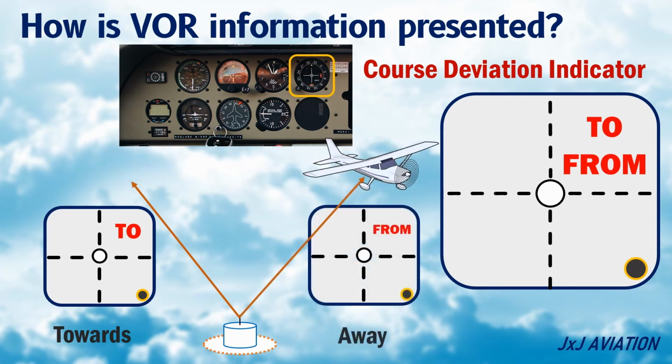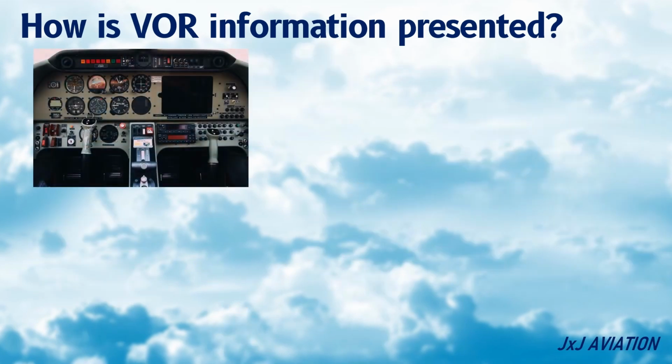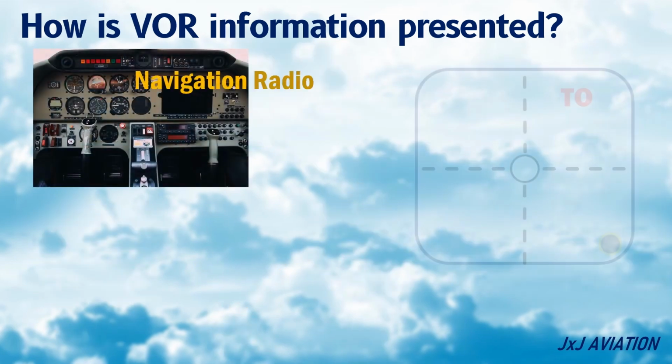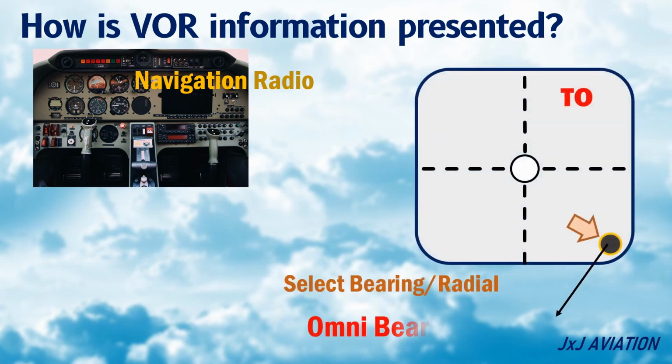Let's look at some other indications and the function of this knob on this instrument. Once a particular VOR frequency is tuned on the navigation radio, the knob is used to select a particular bearing or radial. This knob is called the omni-bearing selector.